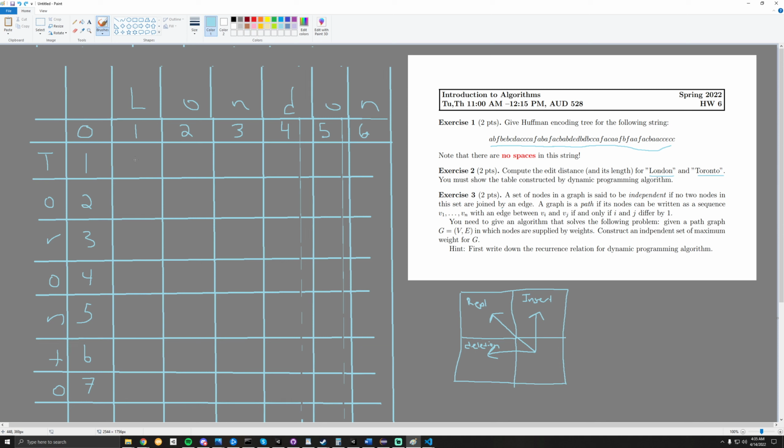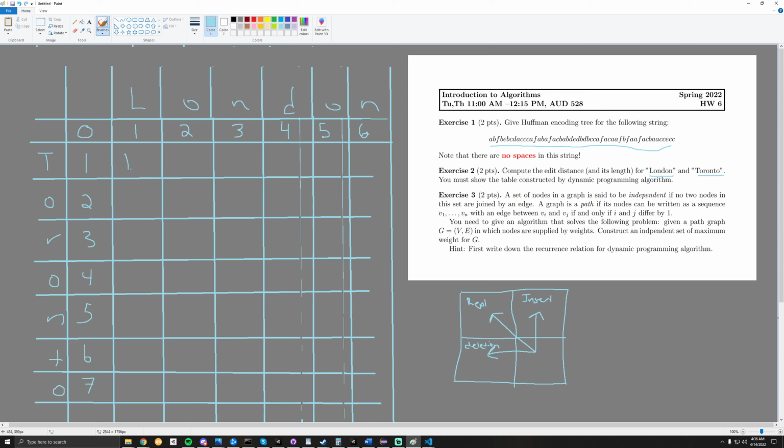Now, the real heart of it starts, and we see how we can convert actual strings to actual strings, and we get to use these values to the top and the left to help our decision making. The first case here is we compare L to T. Well, L is not T, so it's going to take one operation to convert L into T, which would be a replacement.